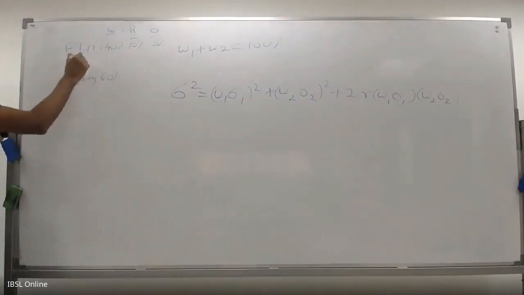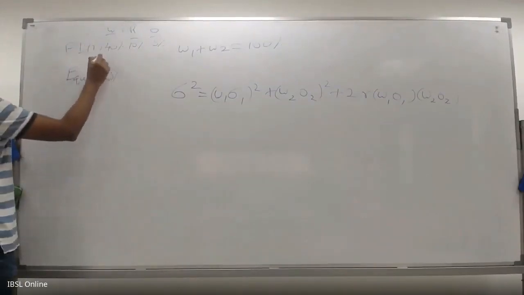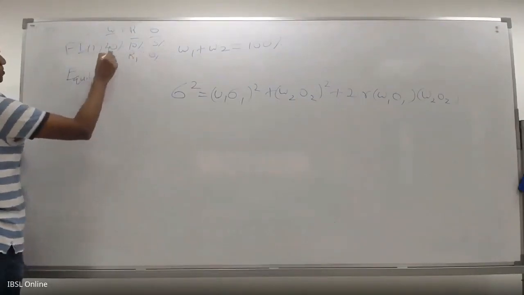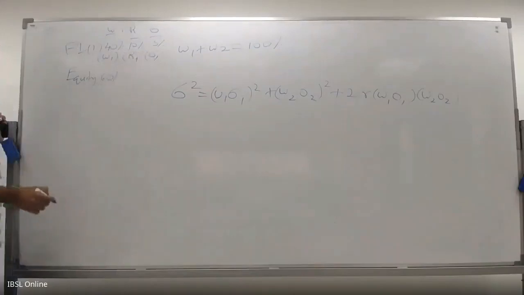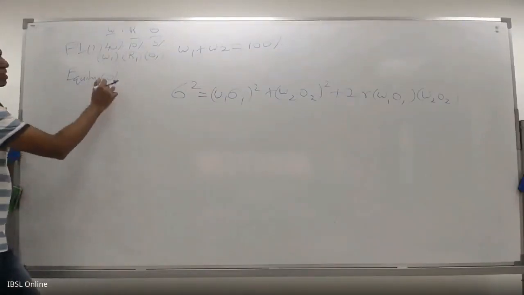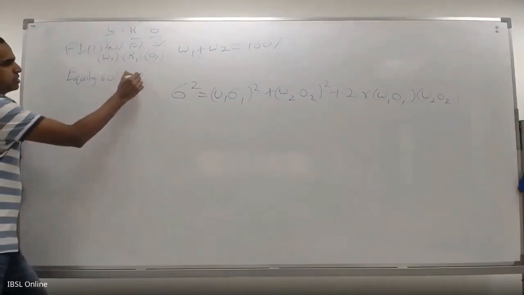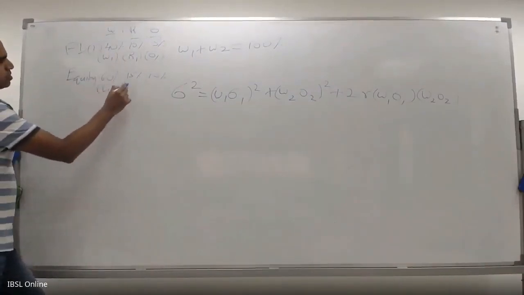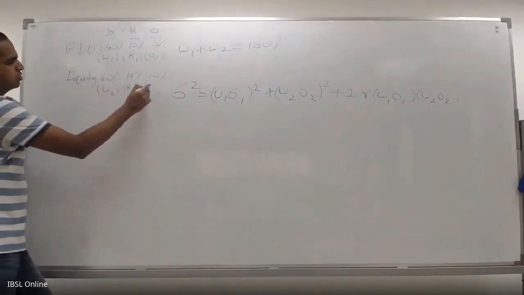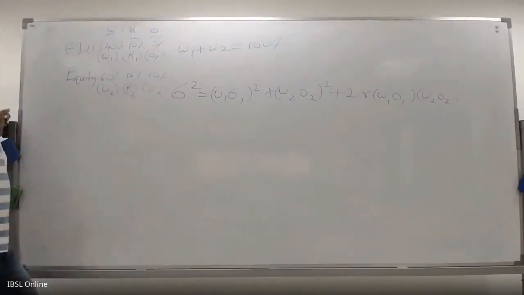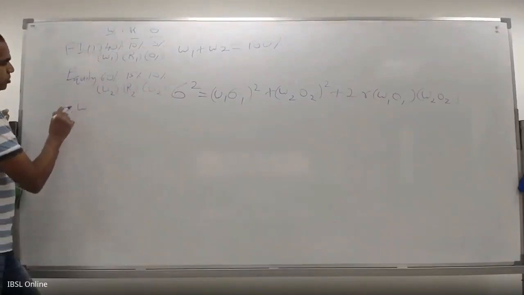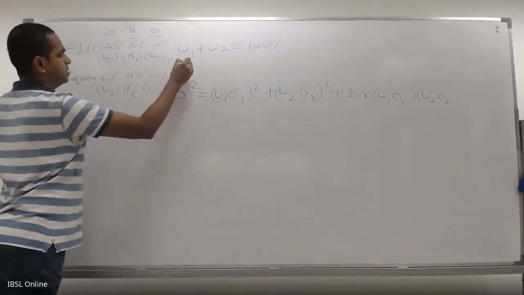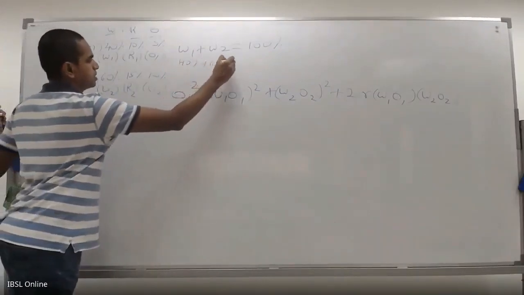So this is asset 1. Therefore, this is W1, this is return 1, standard deviation 1. The return on equity might be 15%, standard deviation 10%. This is W2, return 2, standard deviation 2. Okay, so W1 plus W2 is 40% plus 60%, which gives you 100%.